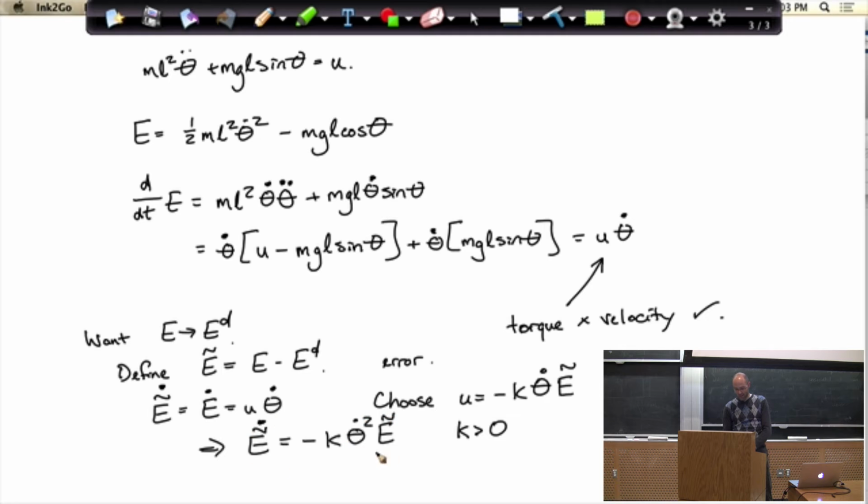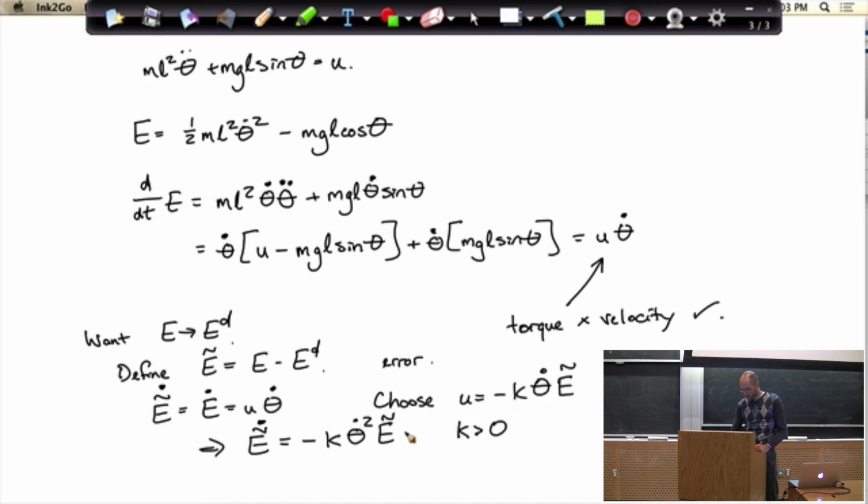As long as theta dot doesn't stay at 0, if this is 0, then I'm doing nothing, and that's not so interesting. But as long as theta dot is positive or negative, non-zero, then this is some positive number times negative E tilde. So that's going to imply some sort of linear-ish, exponential convergence to 0, right?